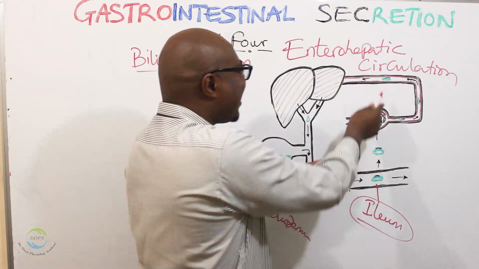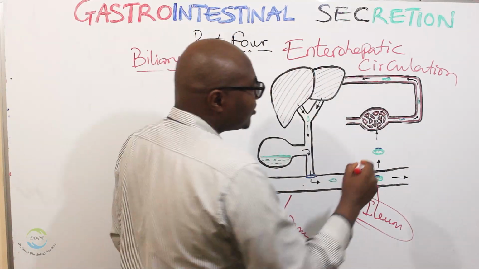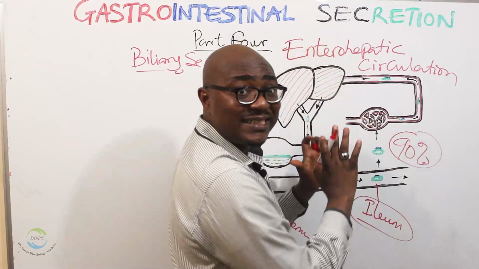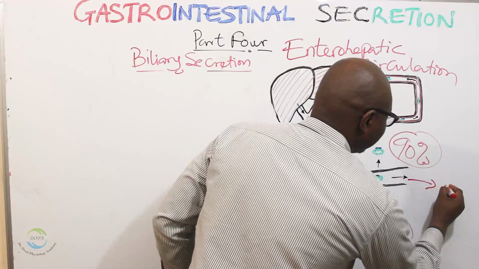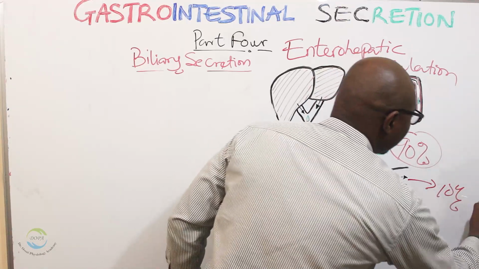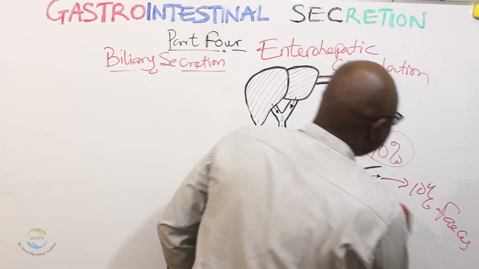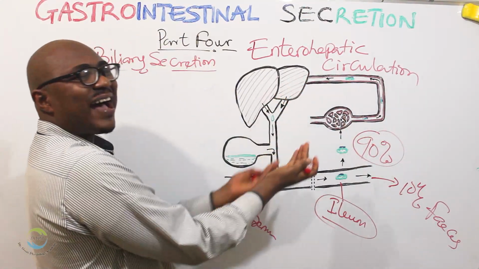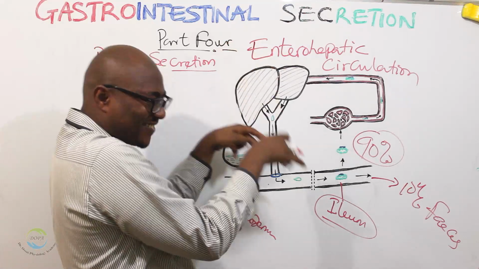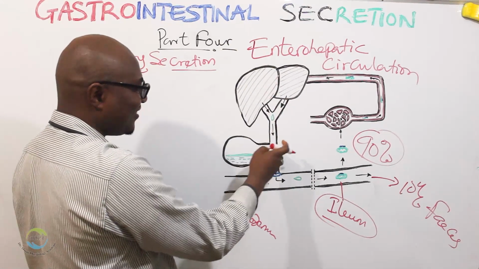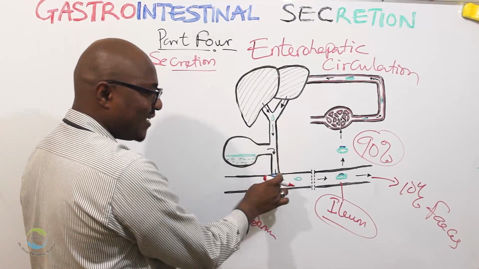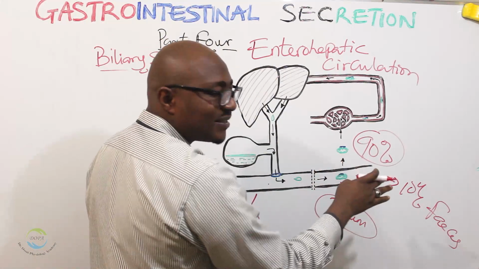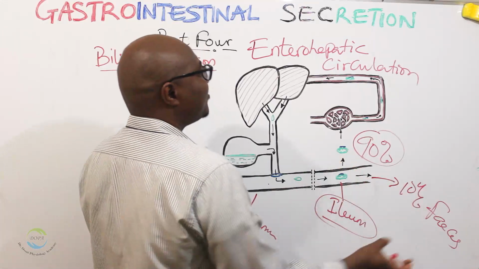So those bile acids, they go back to the liver. About 90% of them. So only 10%, look at it, is lost in feces. 90% goes back to the liver. And the liver re-secretes it into this gallbladder and then the duodenum, and it goes again. 10% goes, 90% goes back.